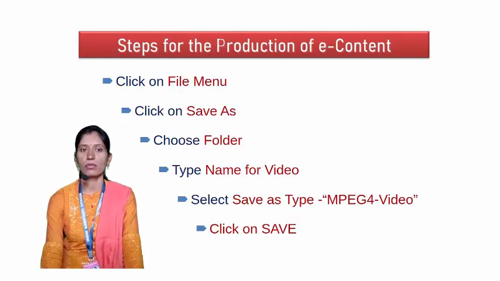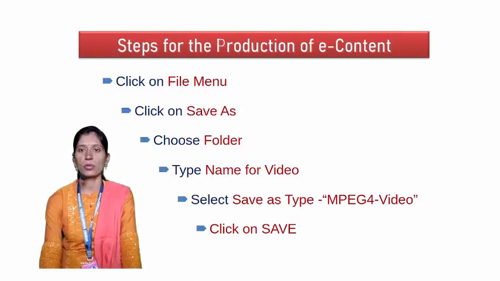Give the file name for the e-content. Select Save As type as MPEG-4 video. Click on the Save button. Observe the progress bar at the bottom of the PowerPoint presentation and wait till the process of creating e-content is complete. You may now play the content developed by you.